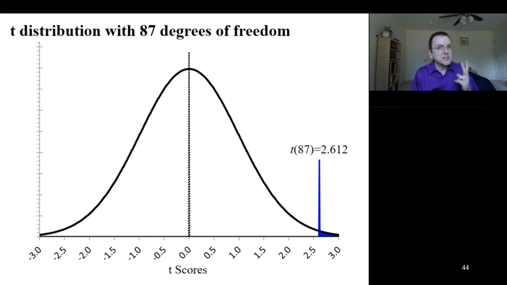But remember, because it's a two-tailed test, we would also have rejected the null in the other tail. So we also have to factor in a result as extreme or more extreme in the lower tail. So that would be a t-score of negative 2.612, and we need the area that's more extreme than a t-score of negative 2.612, which would be this shaded area.